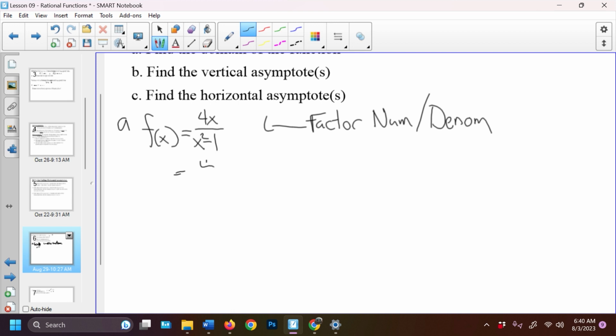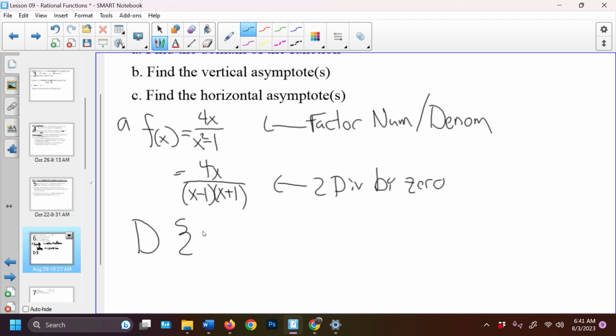So I can go 4x on the top, and then on the bottom I'll have x minus 1 and then x plus 1. And so here there are two divisions by zero. And so here we're going to say that our domain is going to be all values of x such that x is not equal to positive 1 or negative 1.